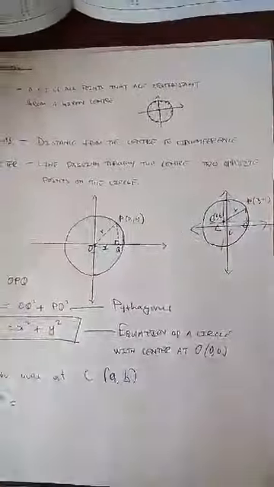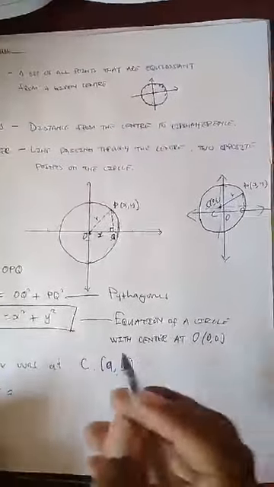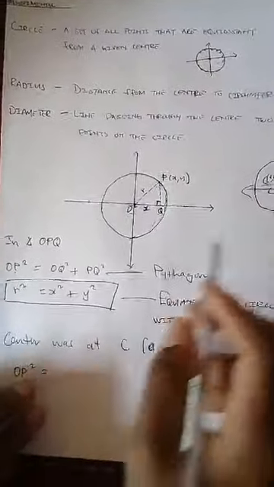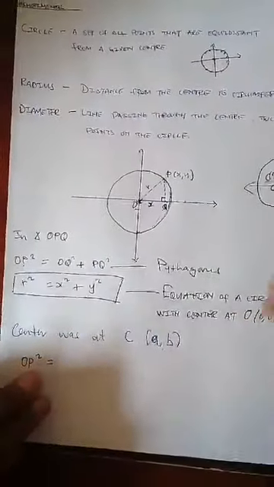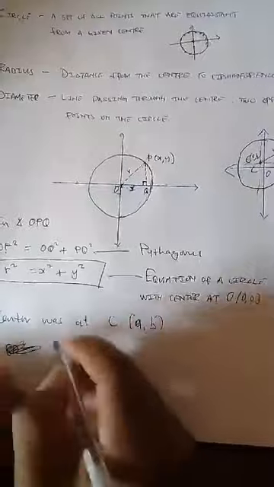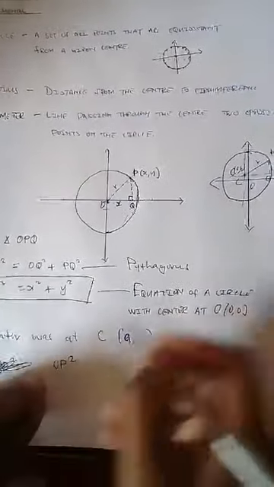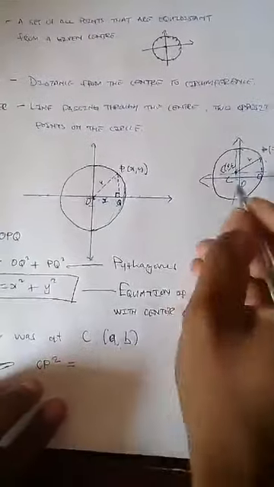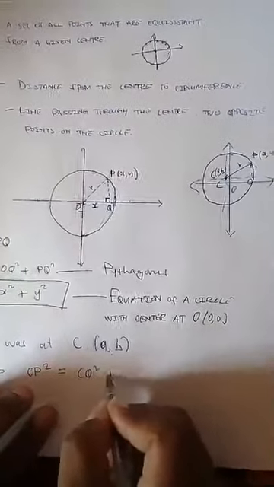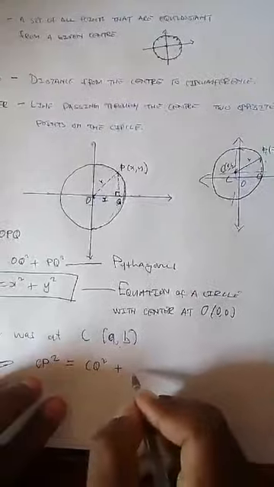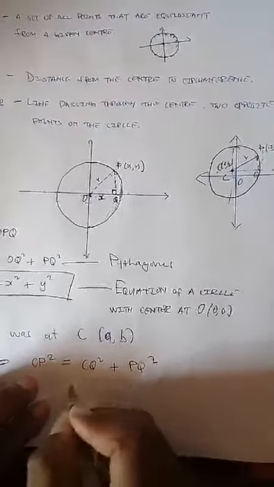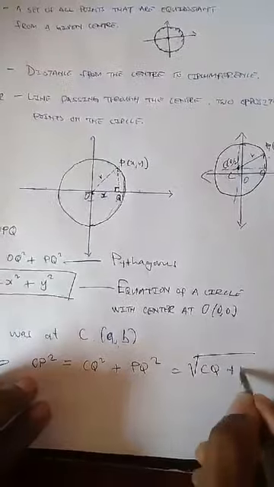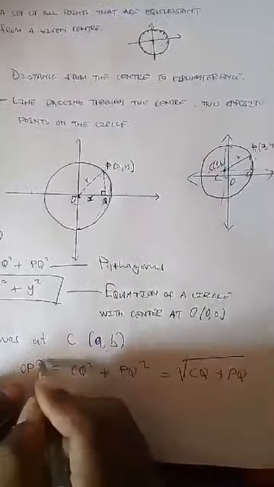So what will happen now is that it's no longer OP squared, it's CP squared. So let me not confuse you. CP squared will be CQ squared plus PQ squared, right? And we know that CQ plus PQ will take away the square root.